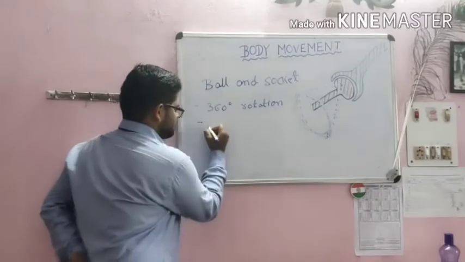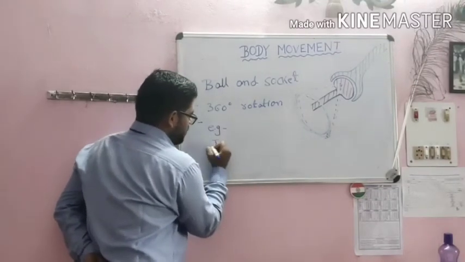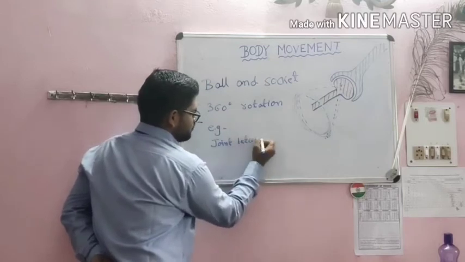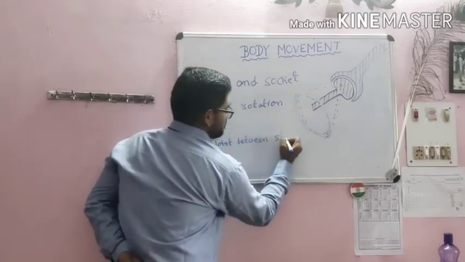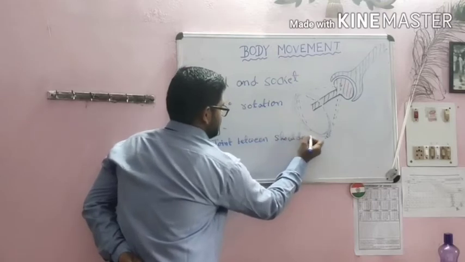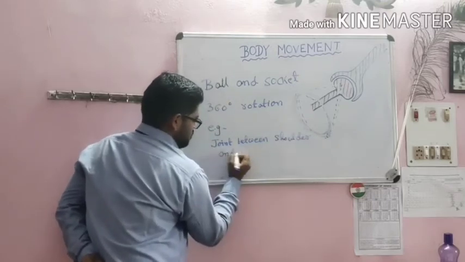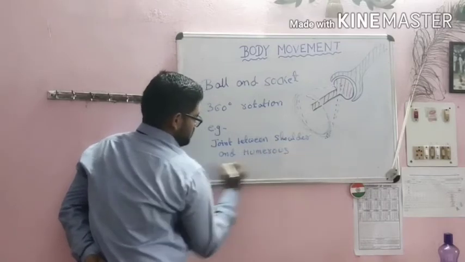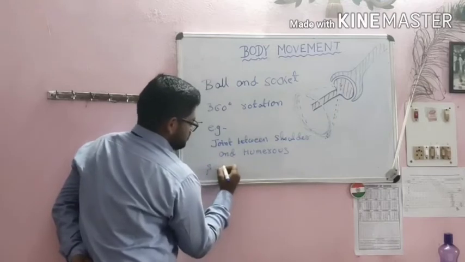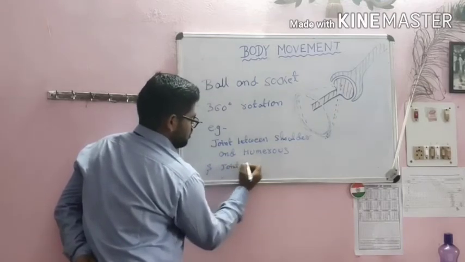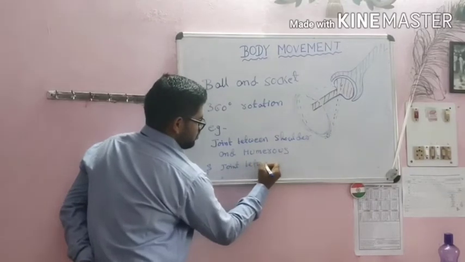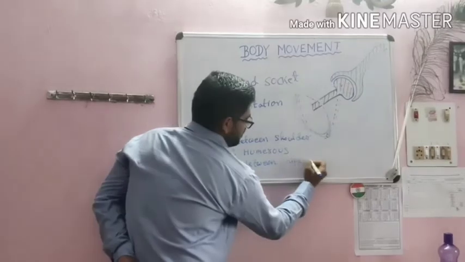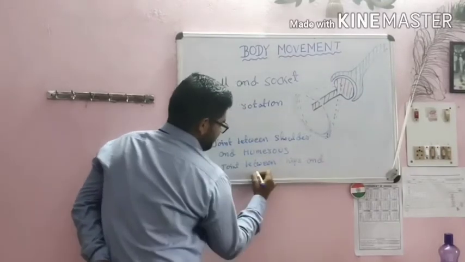So examples will be the joint between shoulder and humerus, and the joint between hip or girdle bone, hips and femur.